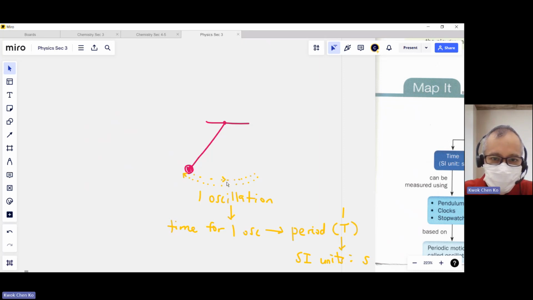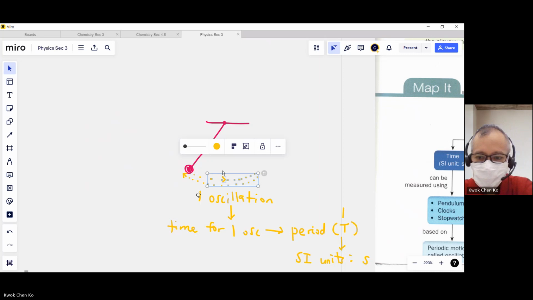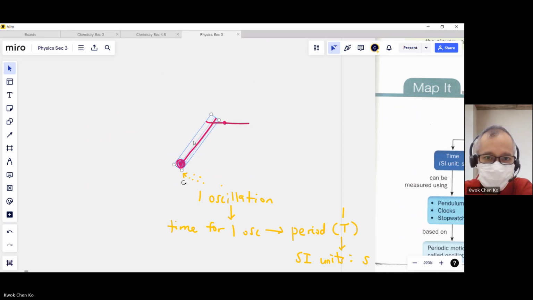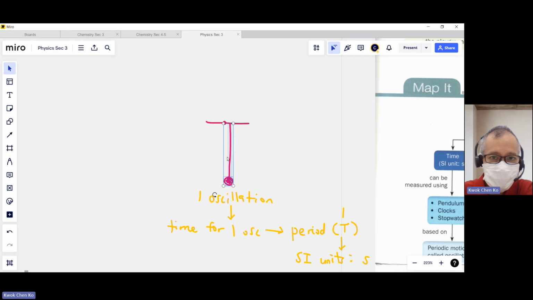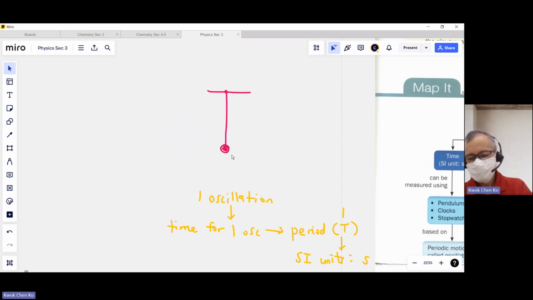But again, let's be very clear too. Now, assuming your pendulum is already swinging to and fro, but I only start my stopwatch here at this spot.